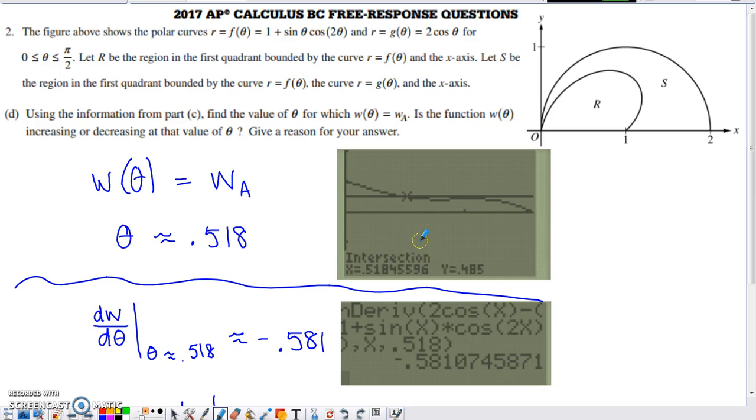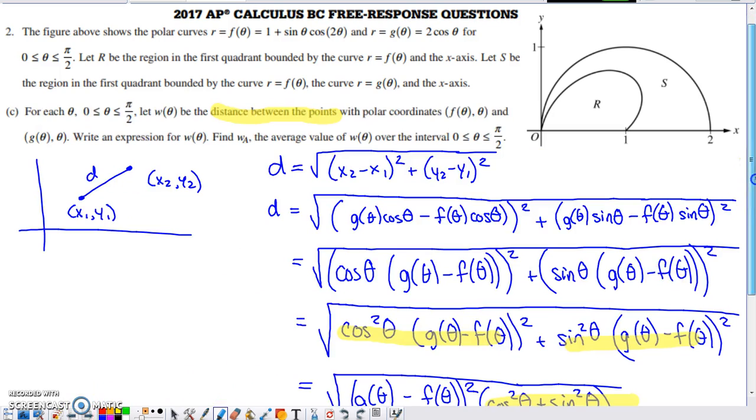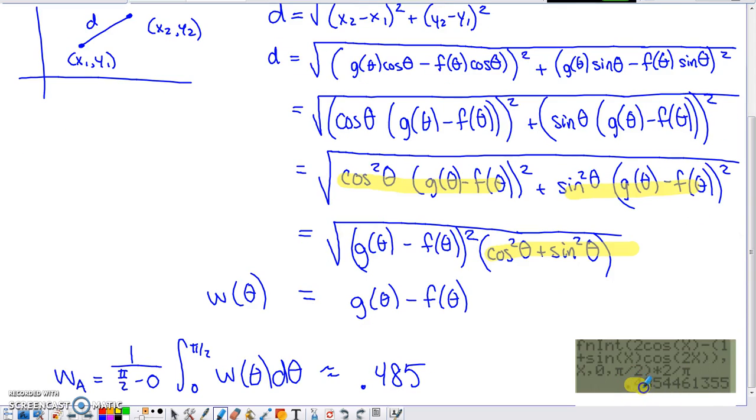Now, one thing that I did here that wasn't the best thing to do, and I just didn't have time to go back and redo the calculator inputs before I put the video together. I should have taken all of the accuracy that my calculator provided me with back here. I basically should have stored that on the calculator.